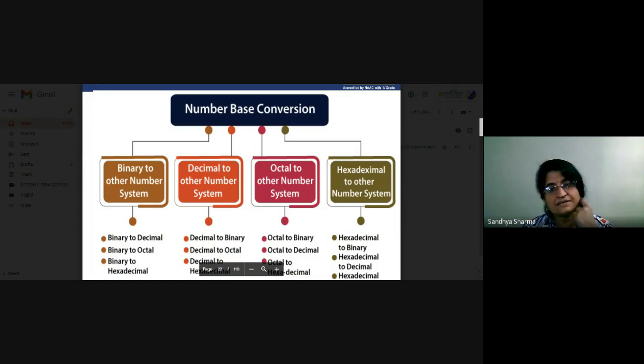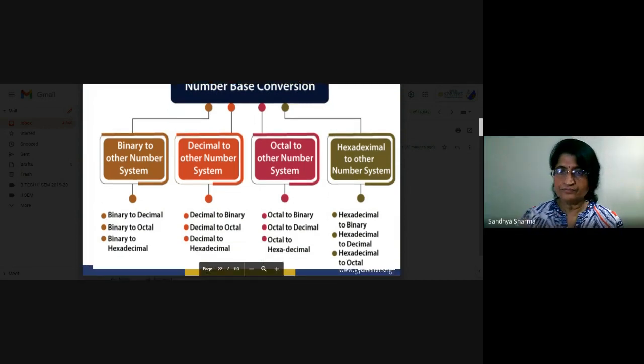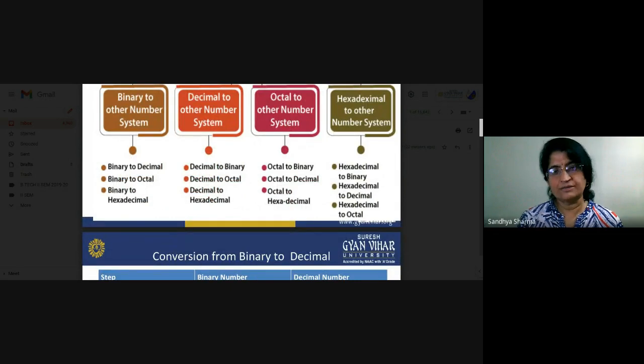And the hexadecimal system can be converted into binary, decimal, and octal. So every number system can be converted into another number system, and there are certain rules and regulations for converting from one system to another.